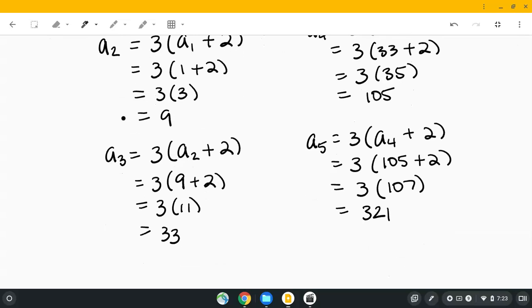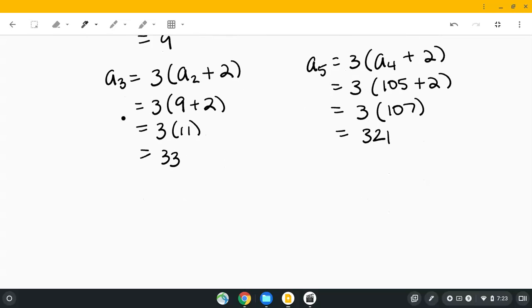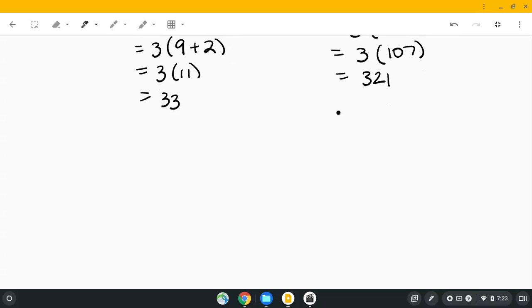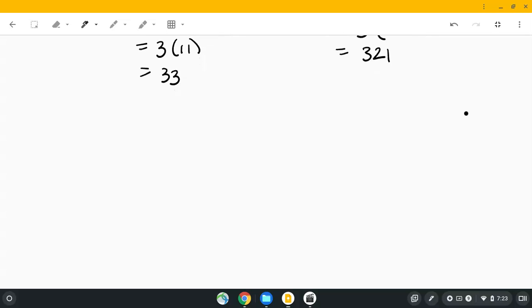Okay, there is a very popular sequence called the Fibonacci sequence. So we can't talk about sequences without talking about Fibonacci's famous sequence.